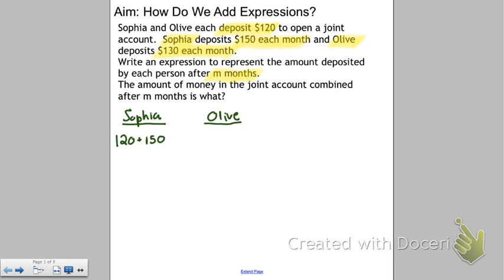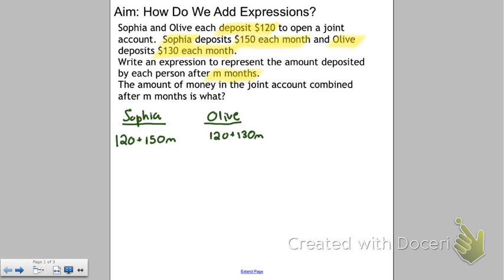And it says after M months, so I have to use my variable M, and I do not have to state what M stands for. Now Olive also begins with that same $120, but Olive only adds on $130 each month, so we have 130M. So these are my two expressions for Sophia and Olive.